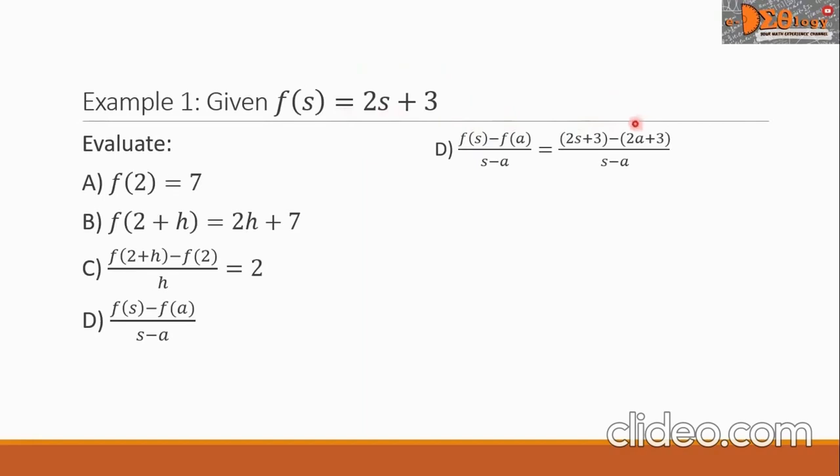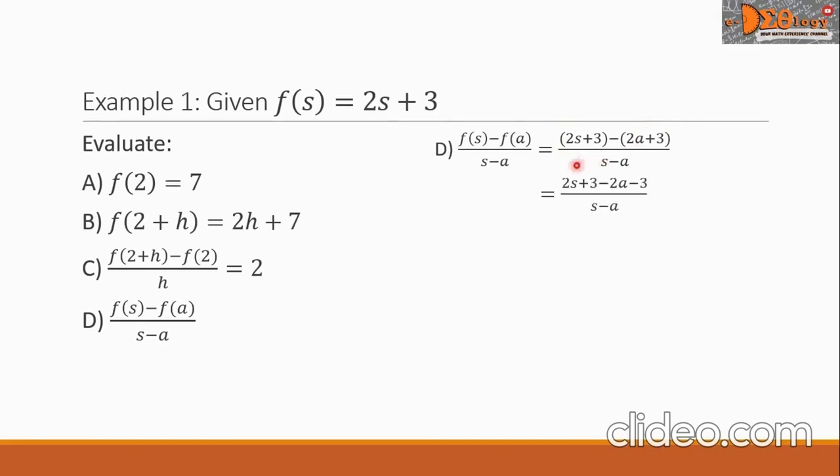So you see here, 2a plus 3. Then all over, same denominator, s minus a. Let us simplify further. Let us remove the grouping symbols respectively. In the first group, we can directly remove the grouping symbol. But for the second group, if we remove the grouping symbol, we need to change the sign of all the terms of the second group.